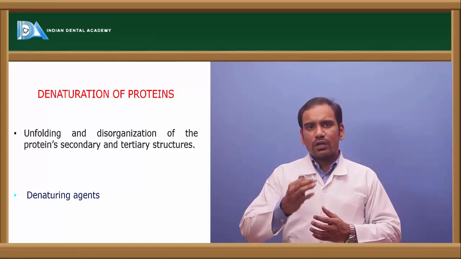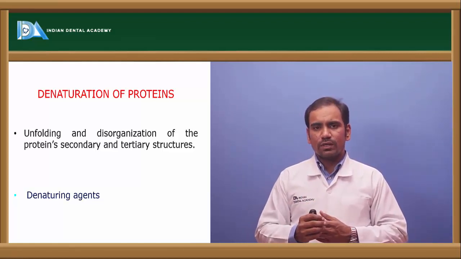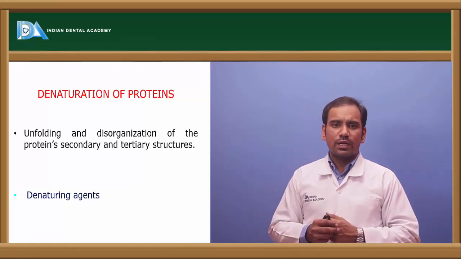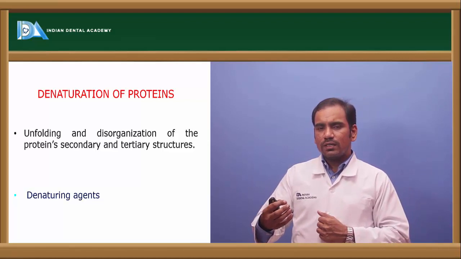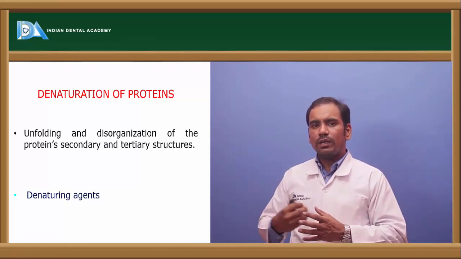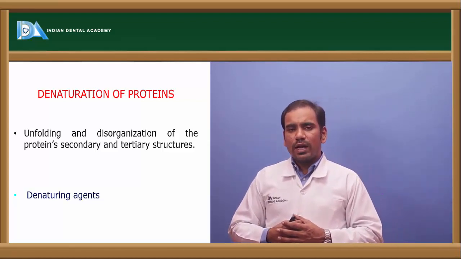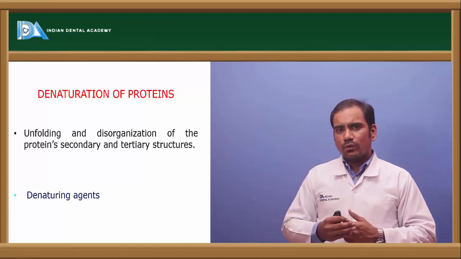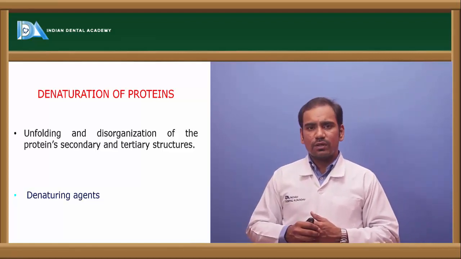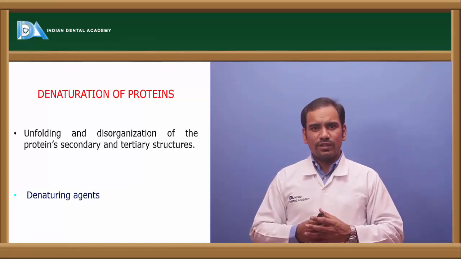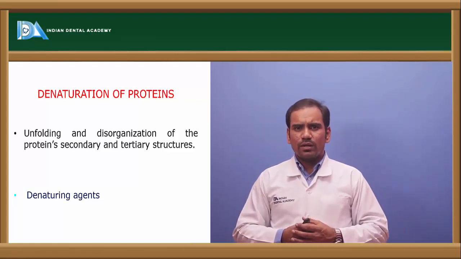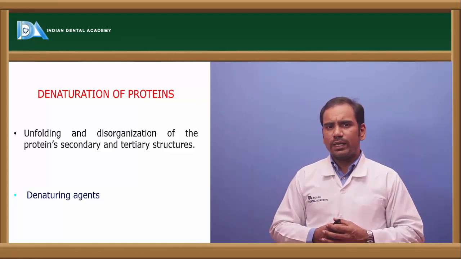That disorganization of a protein structure is called denaturation of protein. Whenever a protein loses its structure, it is undergoing denaturation. And those agents which are responsible for this disorganization of the protein structure, we call those agents denaturing agents.